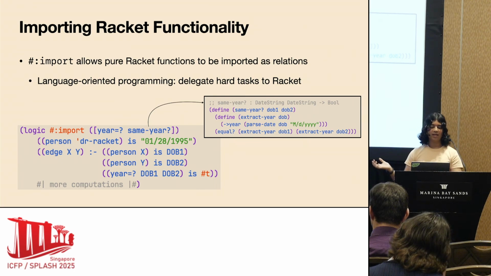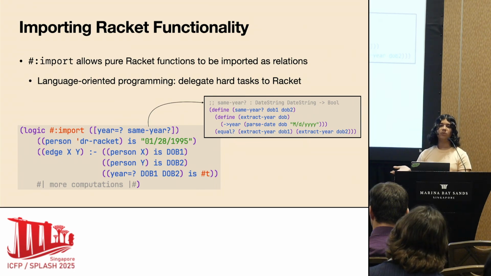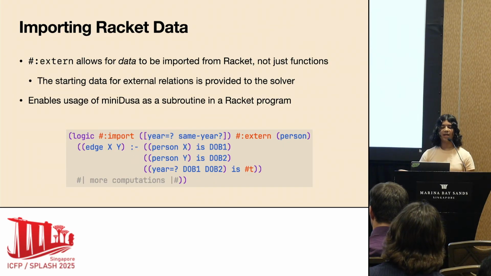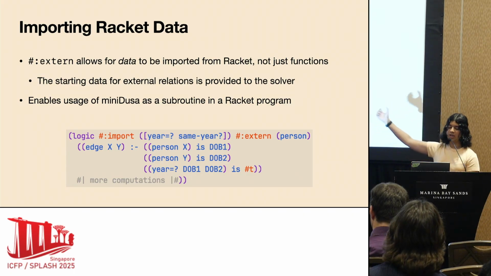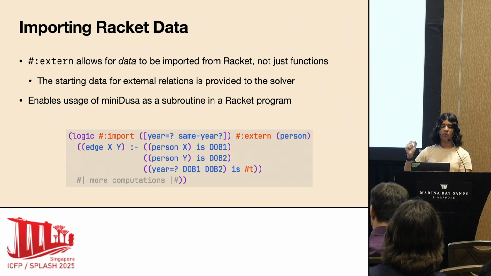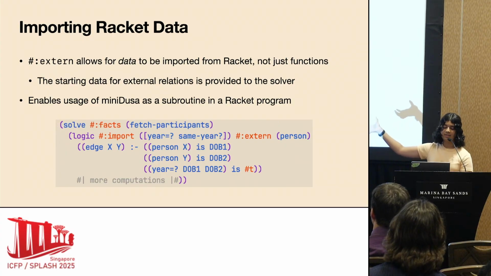And on the other hand, when we have functions, you might want to also import data from Racket, and we can also do that. You specify that you want the person relation to come from outside, and when you call the solver, you provide it some facts.